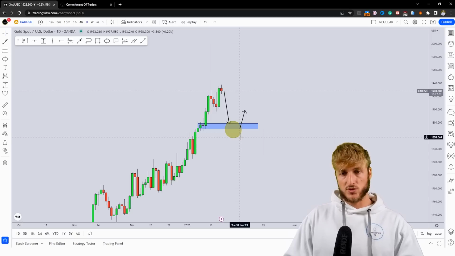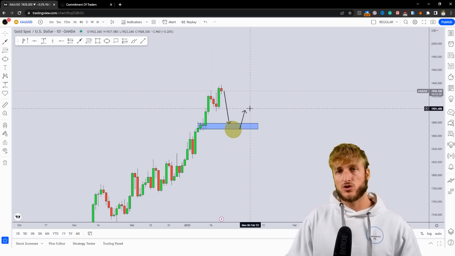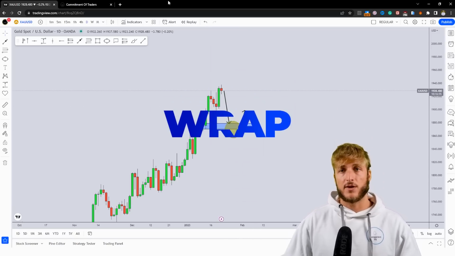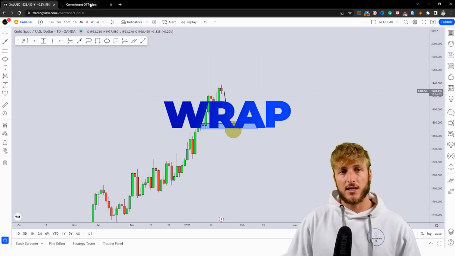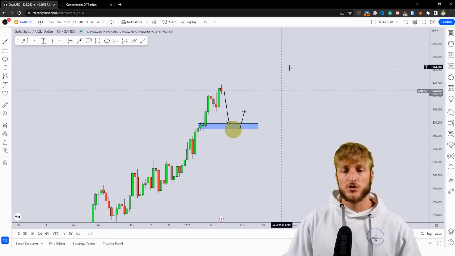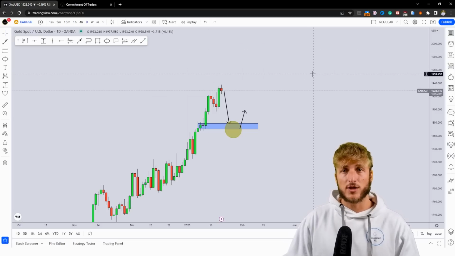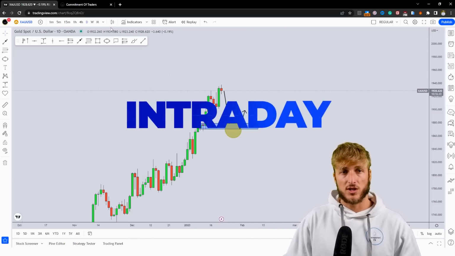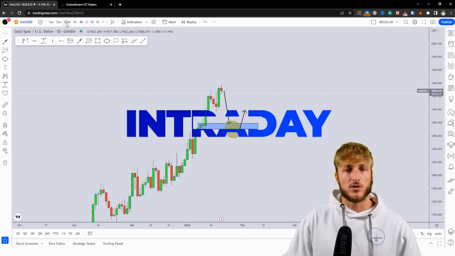So if we do get this move lower, how could we be approaching this potential reversal higher? Now, as usual, trading is reactive and not predictive. The monthly, weekly, and daily combined with the COT data are the best time frames from a directional perspective. However, when it comes to confirmations and entries, the best time frames are the intraday time frames, so 4 hour and lower.